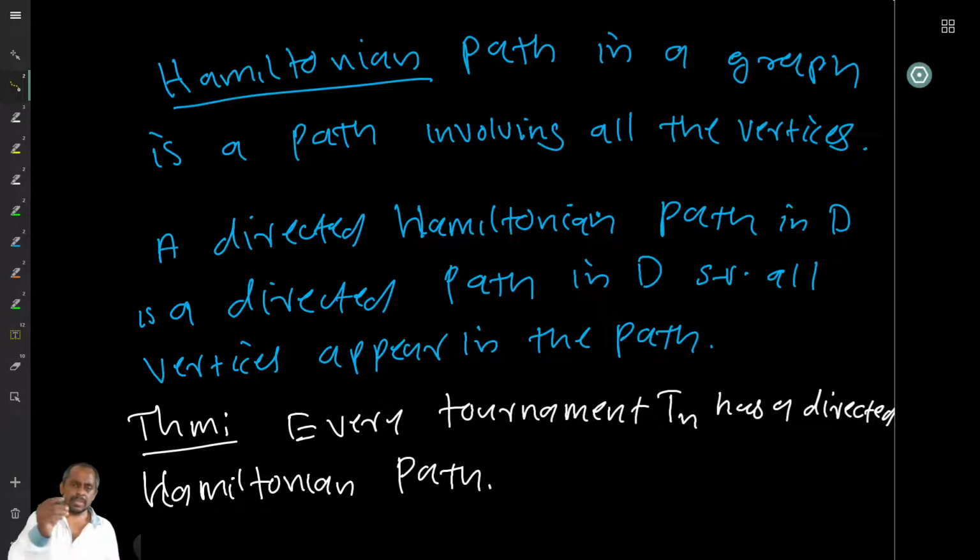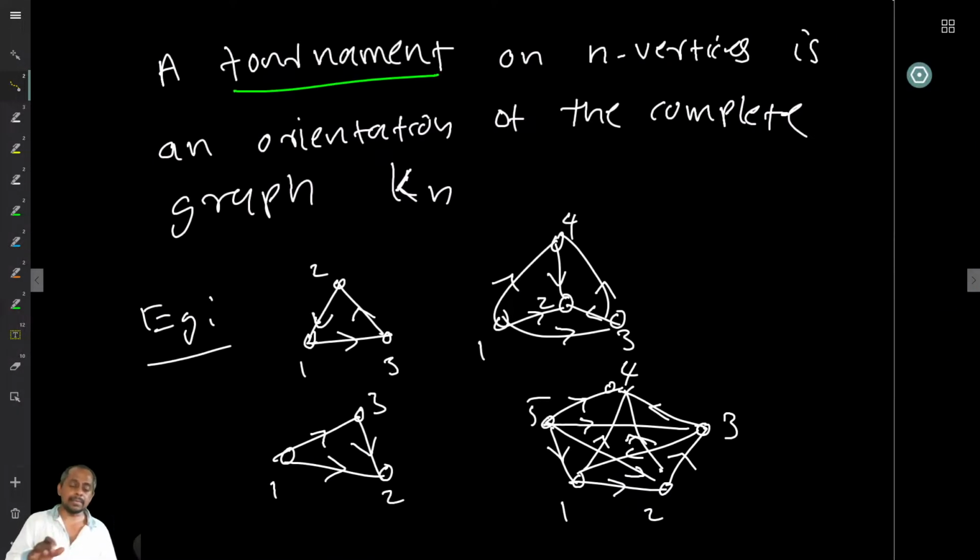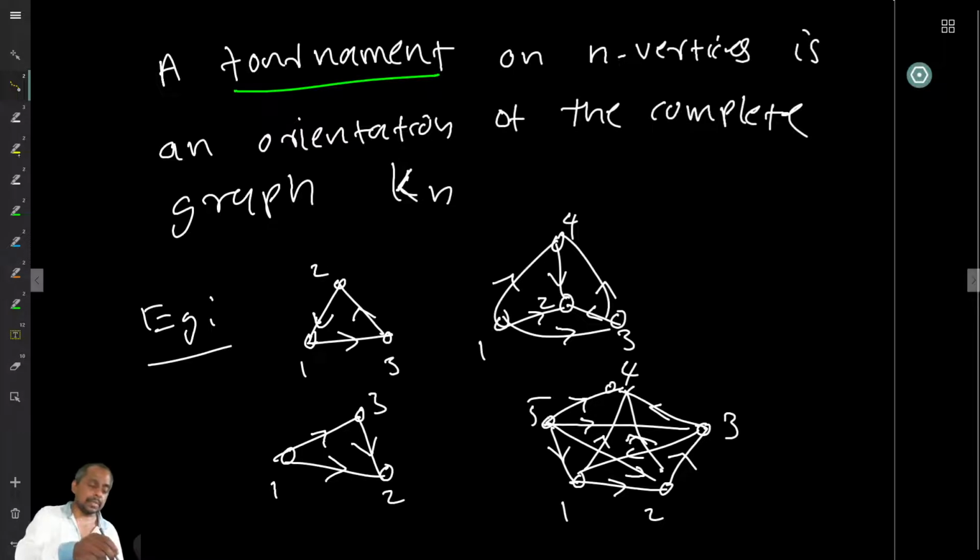Now, a first observation before we go into the main result is that every tournament Tn has a directed Hamiltonian path. No matter how you give the directions, you start with a complete graph, no matter whichever way you direct, you will always find a Hamiltonian path in that graph, a path containing all the vertices.